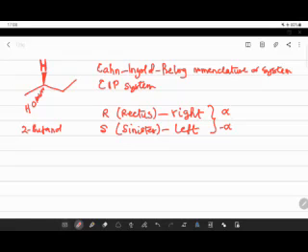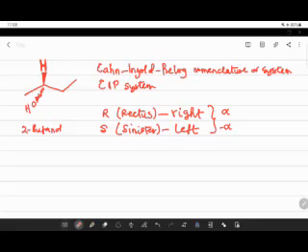So let me say it again: the R and S notation does not tell us whether it's going to be alpha or minus alpha in terms of the rotation of plane polarized light. That is important to distinguish.